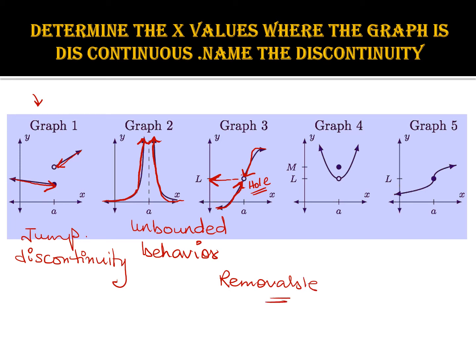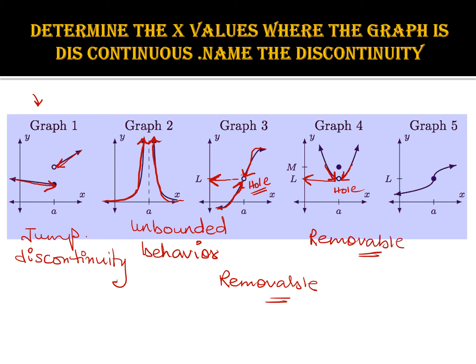Now in graph number 4, again the lines coming towards A from the left side and the right side are approaching the same height level, and there is a hole here again. So this is also known as removable discontinuity.